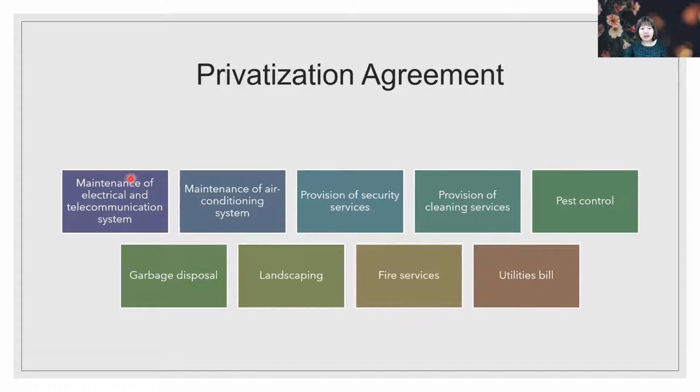The first one is the maintenance of the electrical and telecommunication system. For example, kalau you all duduk di bangunan flats or apartments, your electrical and telecommunications are actually not under the maintenance department, or those you paid management fees for.